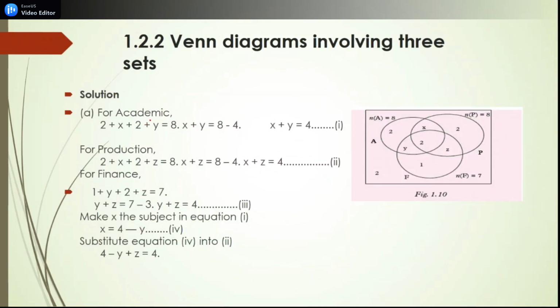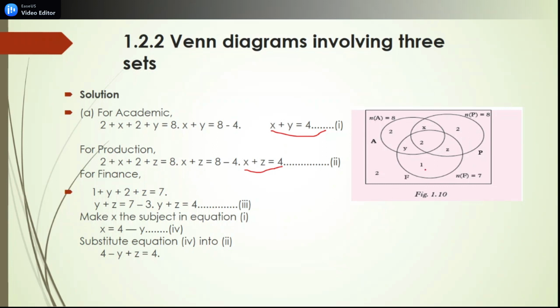So from the first case, for academic, academic is equal to 8. We get this equation after adding 2, x and y. Then for production, after taking x plus 2 plus z plus 2, we get this equation.